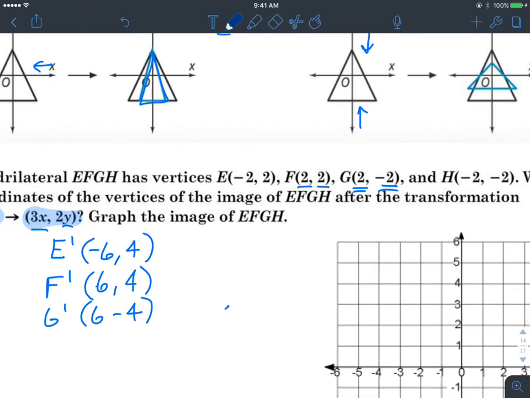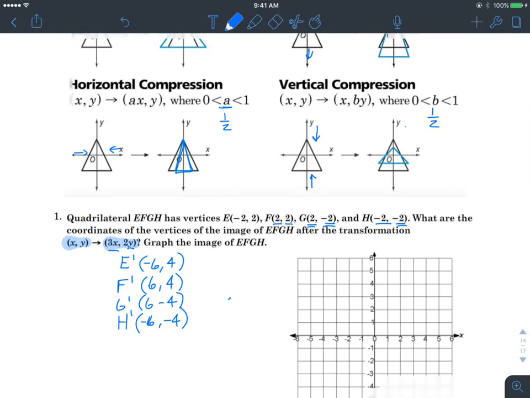And then let's do this last one here. Let's just keep the same color. 3 times -2, that'd be -6. And then the -2 right there, if you multiply that, that would be -4. That's H prime.